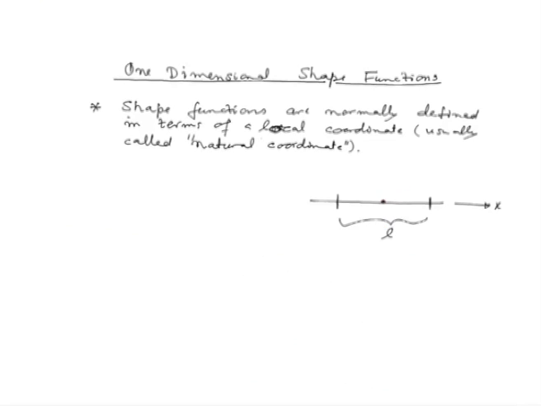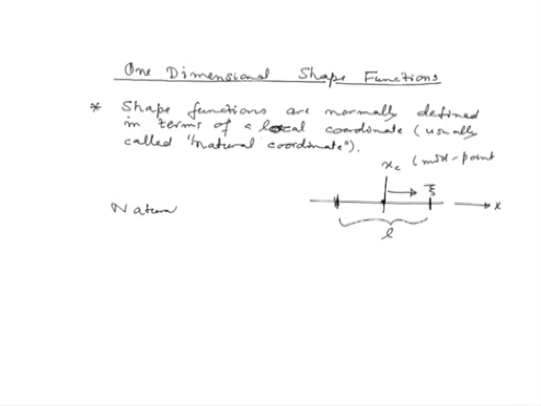We will define the origin of natural coordinate at the centroid, that is the middle point of the element, x_c. So, x_c is the midpoint of our finite element, and let us use the symbol xi to denote our natural coordinate.